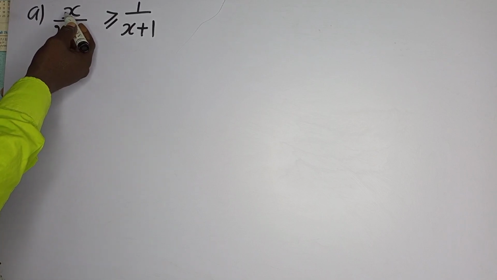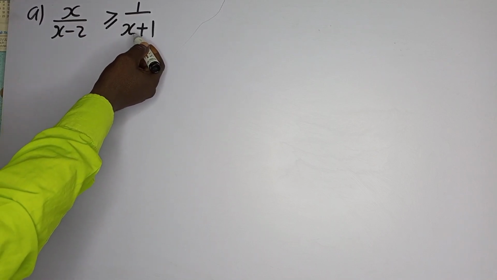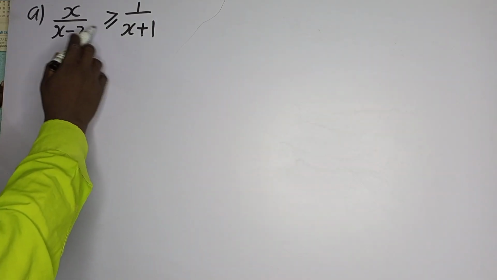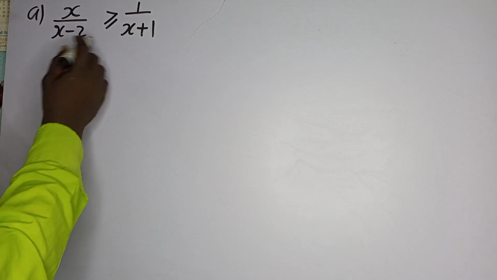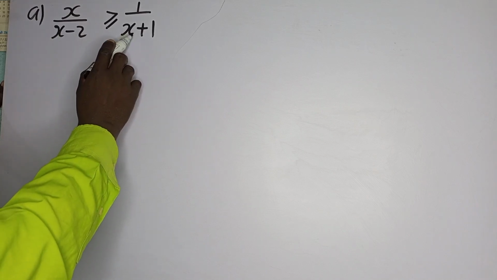We have the unknown at the numerator and the unknown at the denominator, so we are advised not to carry out cross multiplication. We are not allowed to carry out cross multiplication in inequalities of this nature because we don't know the value of the unknown x here.